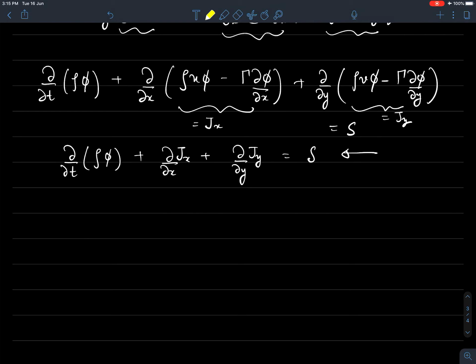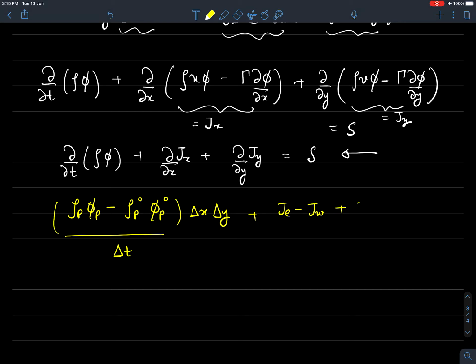I'm going to jump a few steps, but when I integrate, I would get rho P phi P minus rho P naught phi P naught, by delta t, into delta x delta y, plus Je minus Jw plus Jn minus Js is equal to Sc plus Sp phi P, delta x delta y.